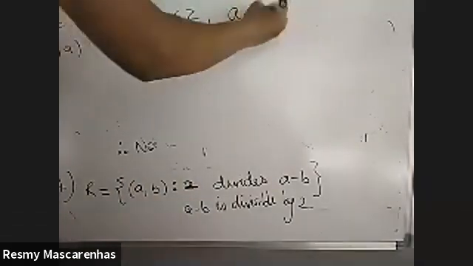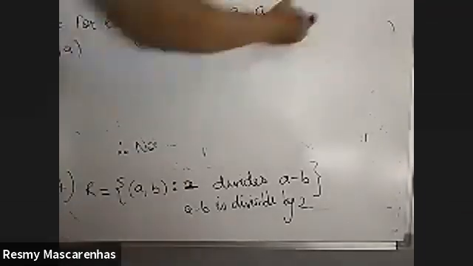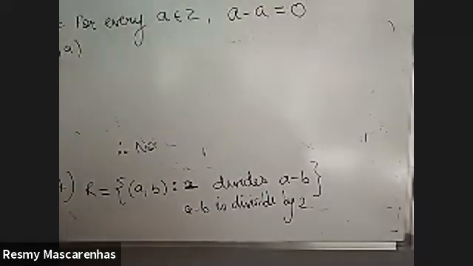So what it will become, A minus A, which is 0. Obviously 0 can be divided by 2. 0 divided by 2 will be 0.